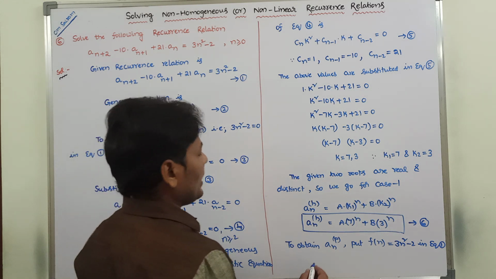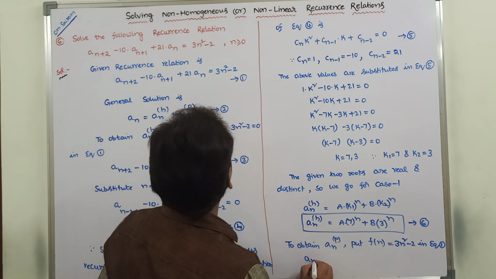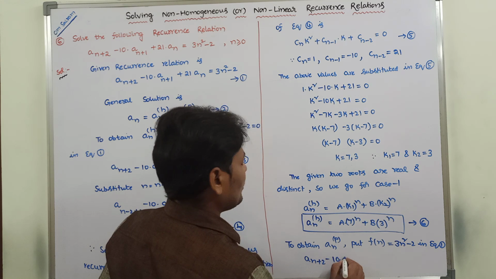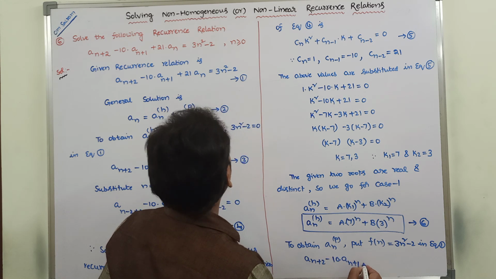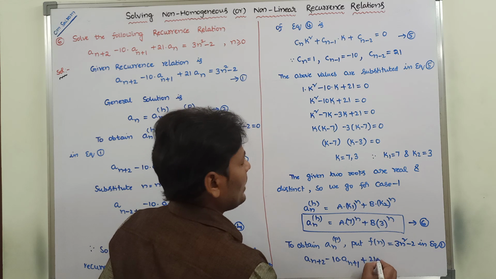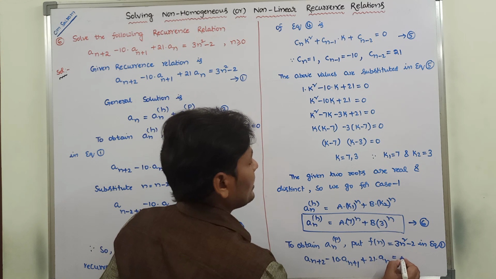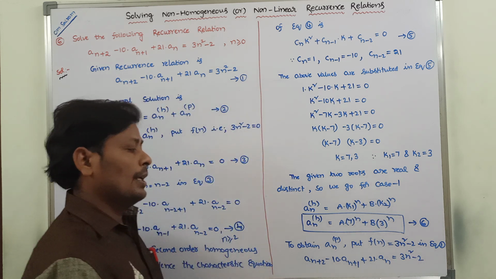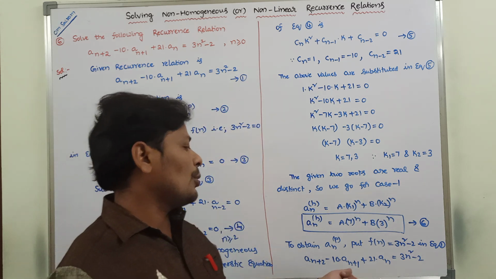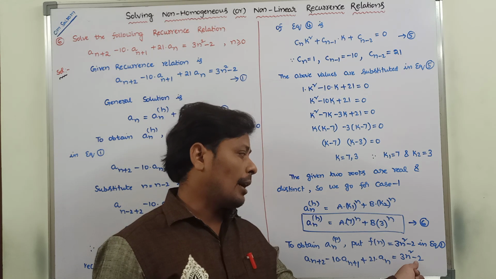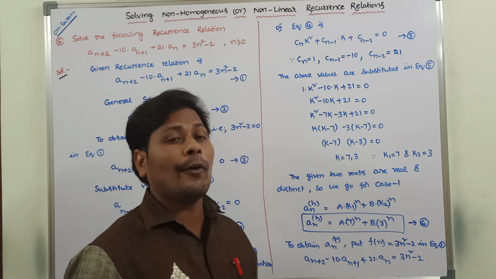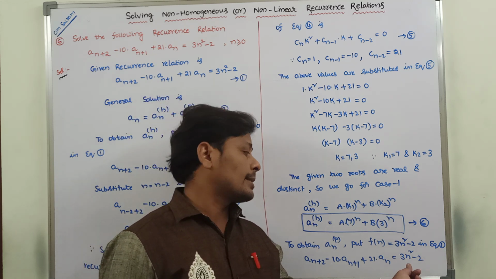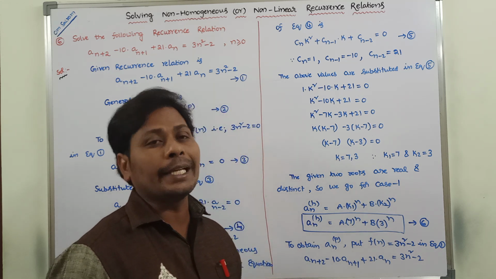Okay, then what we are getting? So that is the a suffix n plus 2 minus 10 into a suffix n plus 1 plus 21 into a suffix n is equal to 3n square minus 2. Okay, so here we have to observe that on the right hand side of equation 1 has the polynomial of degree 2.